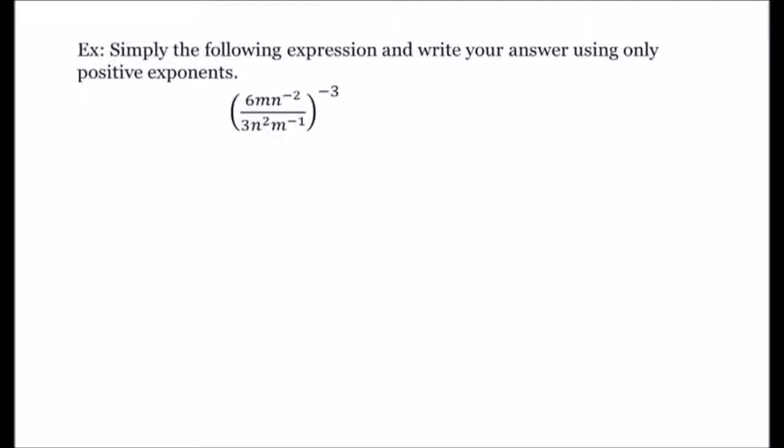Let's simplify this expression and write our answer using only positive exponents. Well, the first thing we can do is simplify what's inside these parentheses by, again, grouping like terms. So this is equal to, let's group our numbers together, so 6 divided by 3, and then times, grouping our m terms together, we have m divided by m to the negative 1.